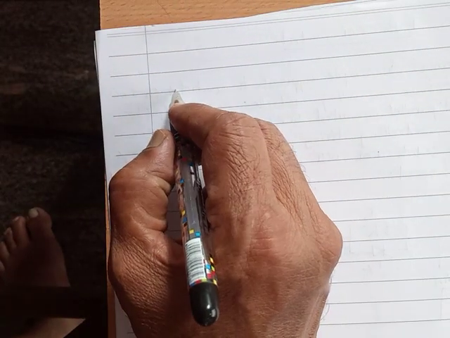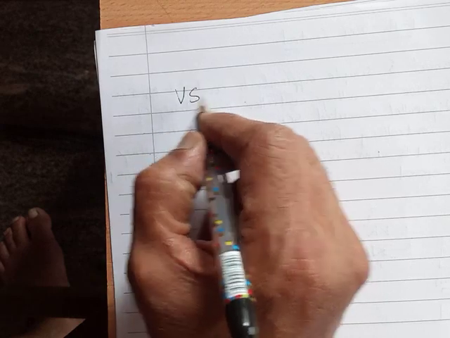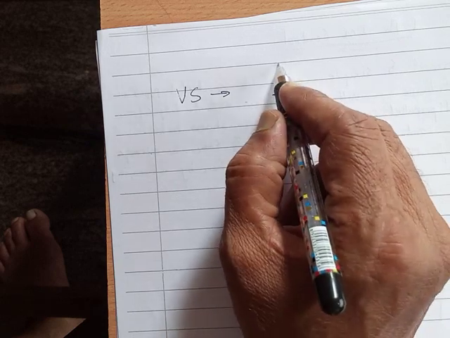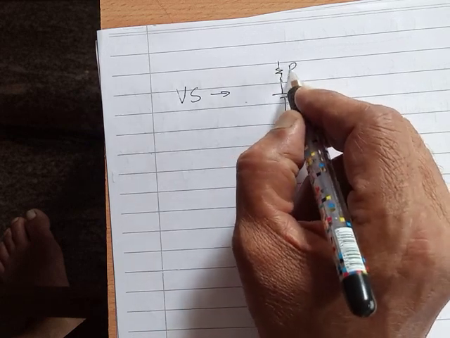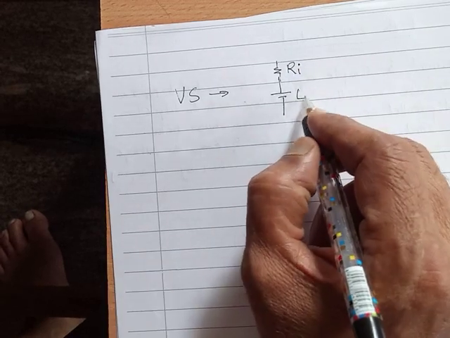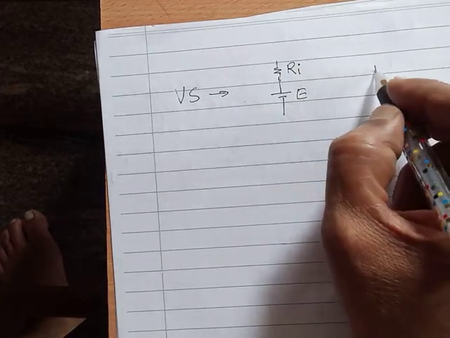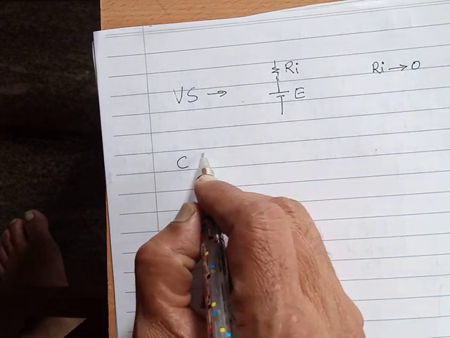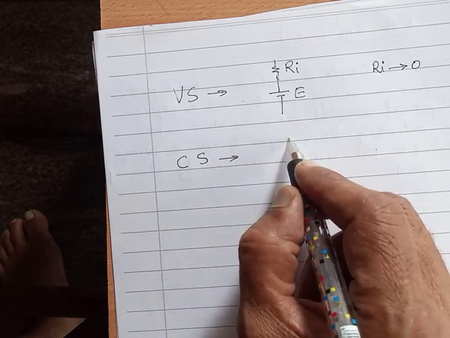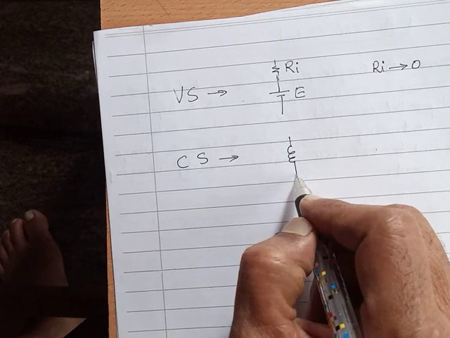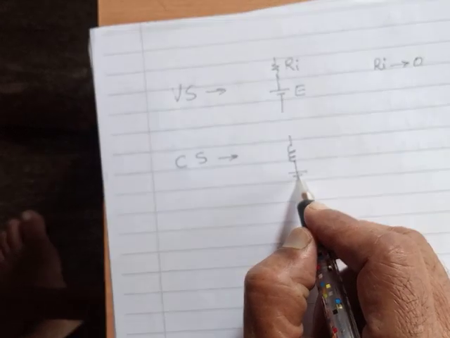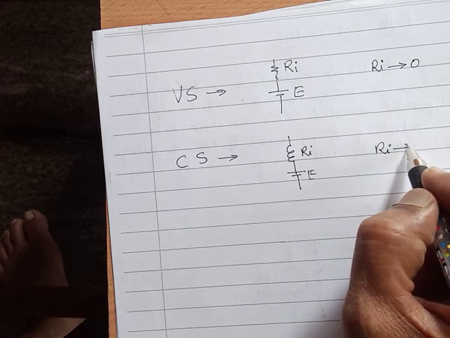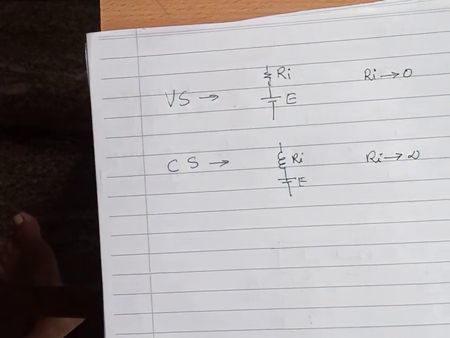A voltage source is the one wherein the internal resistance or the impedance is very less, whereas a current source is the one which has the internal resistance or the impedance very high, tending to infinity. These are the two definitions.